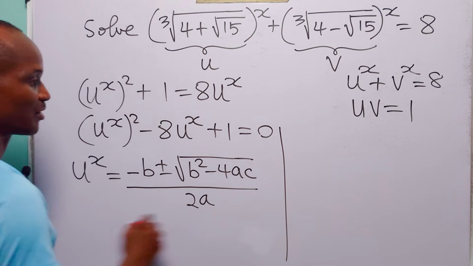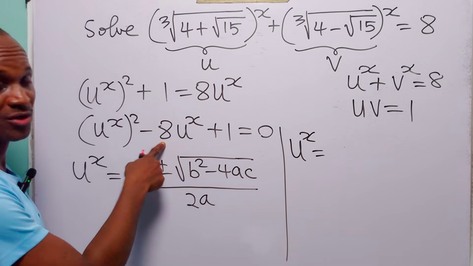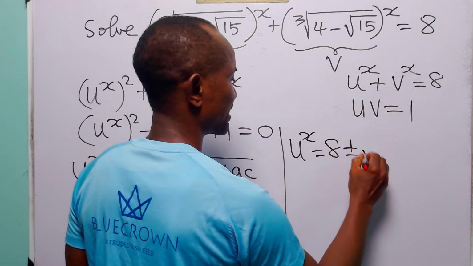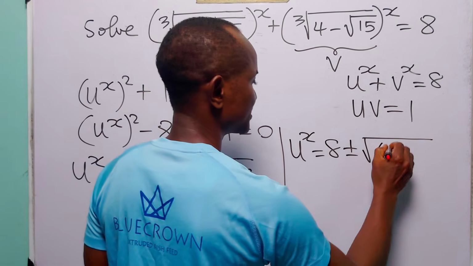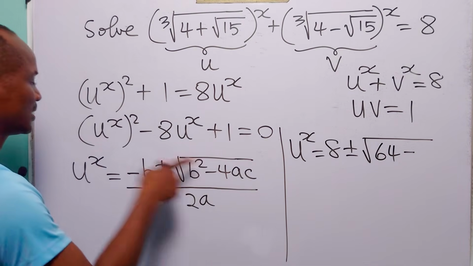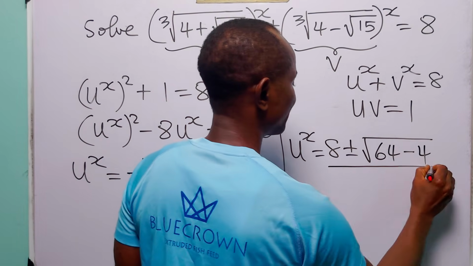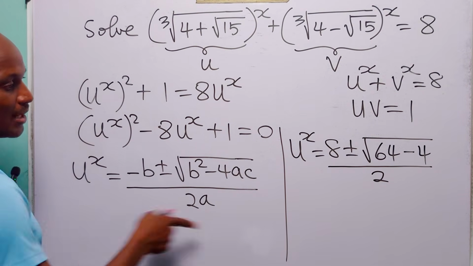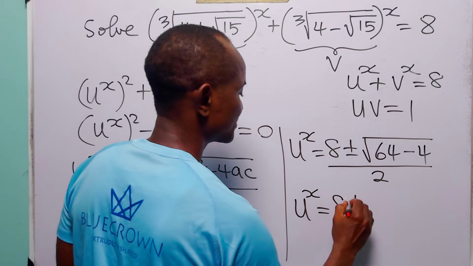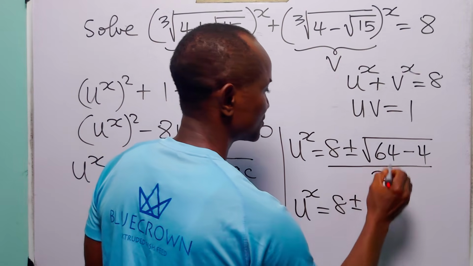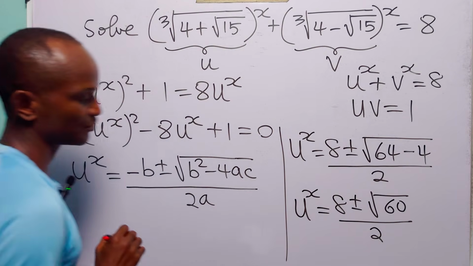Now substituting into the formula, we have that u to the power x is equal to minus minus 8, that is 8, plus or minus the square root of minus 8 squared, which is 64, minus 4 times 1 times 1, which is equal to 4, divided by 2 times 1, which is 2. Now we have that u to the power x is equal to 8 plus or minus the square root of 64 minus 4 is 60, divided by 2.